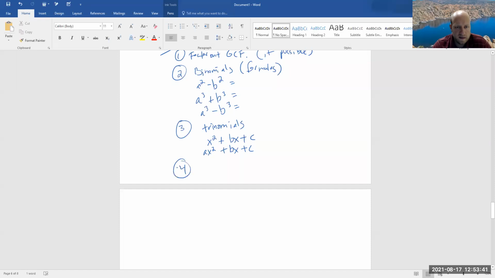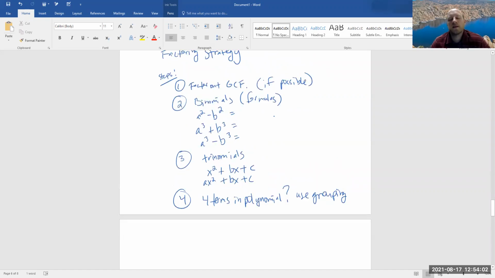And then the fourth one was if there's 4 terms, okay, then we're going to group it. So these are the thought process that you're going through when you're factoring.